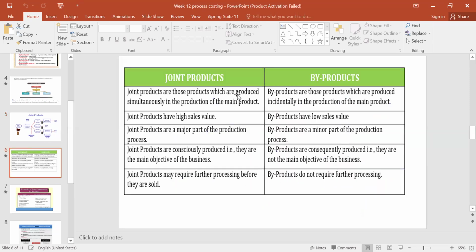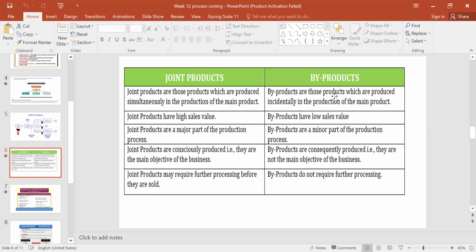Another slide shows the difference between joint product and byproduct. Your main product is planned, your targeted product, but a byproduct is produced incidentally or automatically.